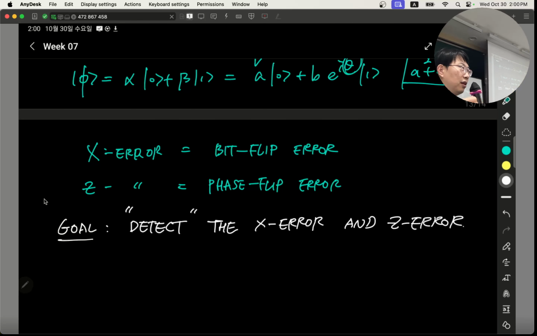You cannot insert a new quantum circuit while the circuit is running. So what you do in error correction is simply detect an error, keep it to yourself, see the result, and then backtrace your result to determine whether your computation is correct or not by assuming that such an error occurred.